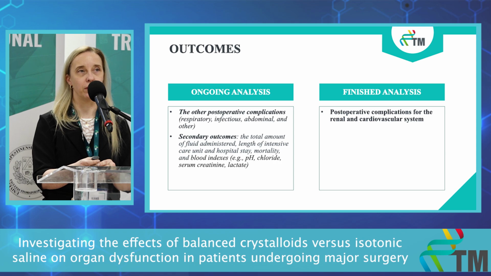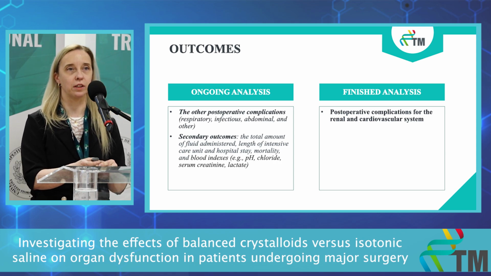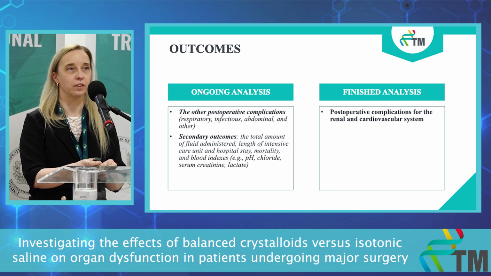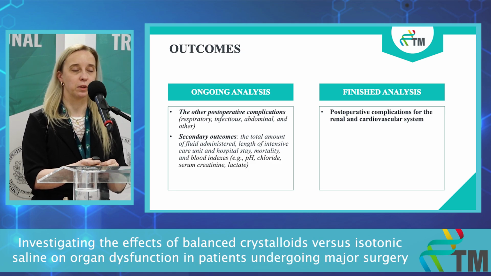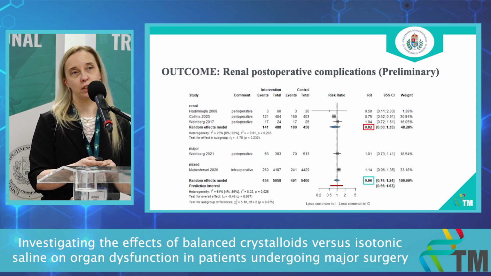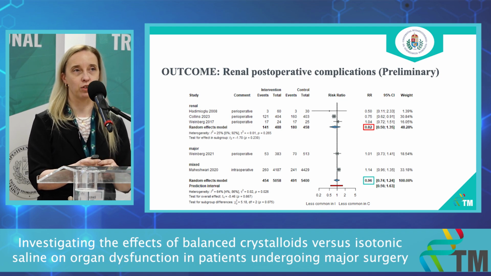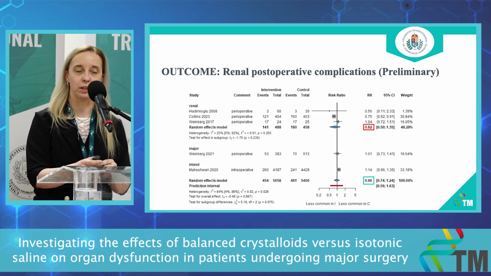We have finished the analysis for two main postoperative outcomes, and there are some other postoperative outcomes and secondary outcomes which are under analysis. On the first plot, you can see our outcome, which is renal postoperative complications.